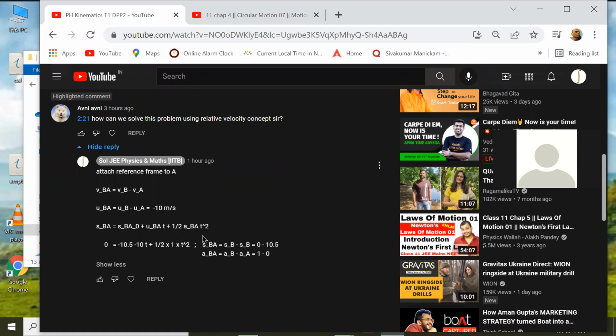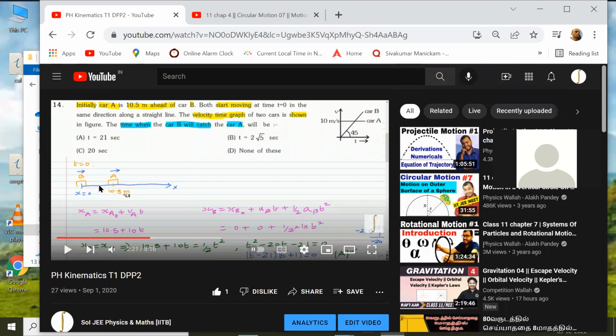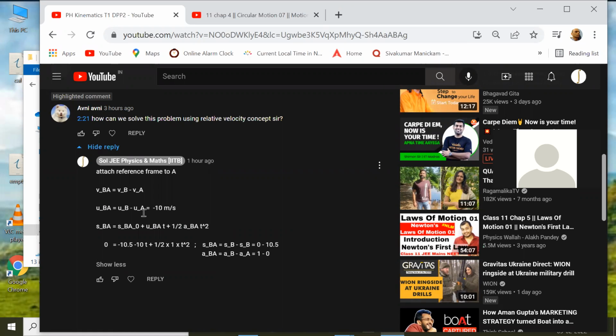Actually, this is S equal to S naught plus UT plus half AT square. Usually S naught is 0 because displacement is 0 at time t equal to 0. But here the relative displacement is not 0 at t equal to 0 because the relative displacement is 10. And everything is relative to A. Is this one clear?